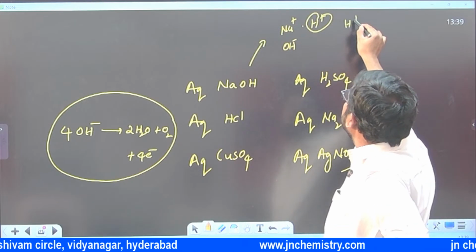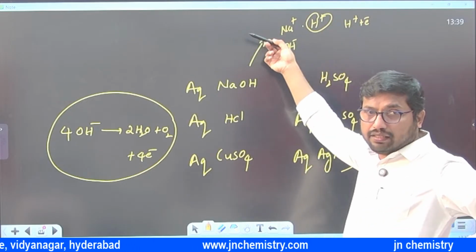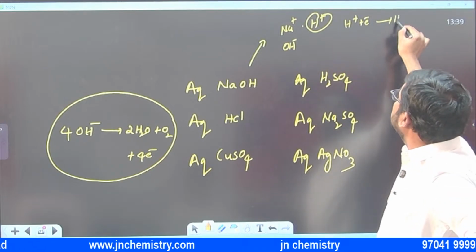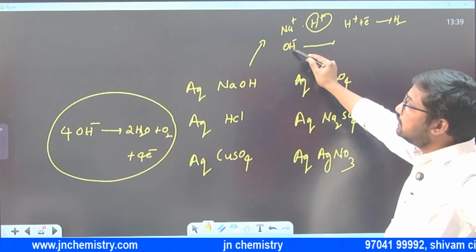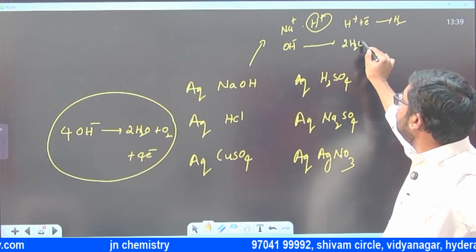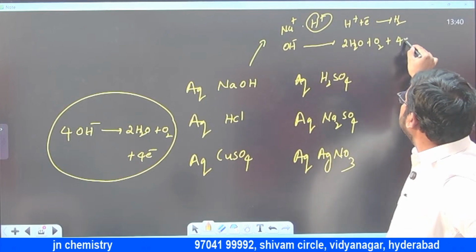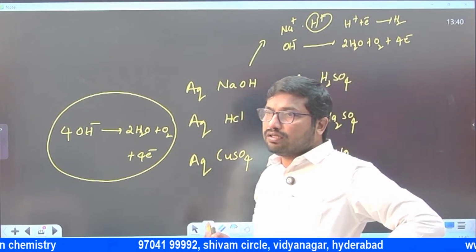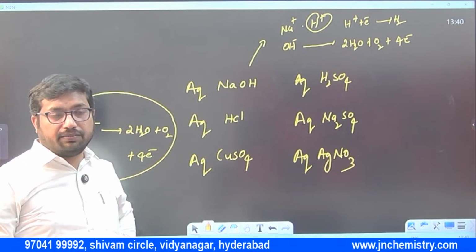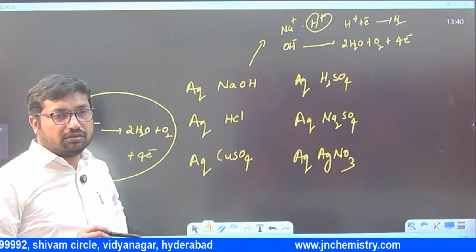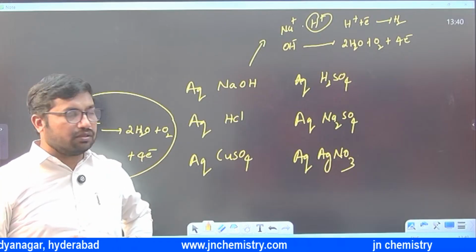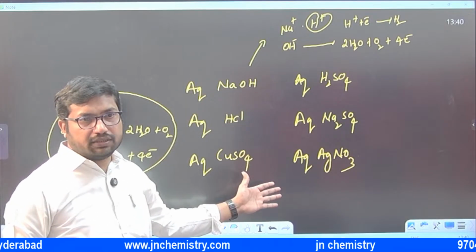H plus plus electron gives hydrogen gas, 2H plus, at the cathode by reduction. Oxidation takes place at the anode, with the same reaction: 4OH minus gives rise to 2H2O plus O2 plus 4 electrons. So for aqueous NaOH on electrolysis, which gas is liberated at the anode? They ask this type of question, oxygen or hydrogen. This is one area we need to know, and in all the cases you can do it, right?